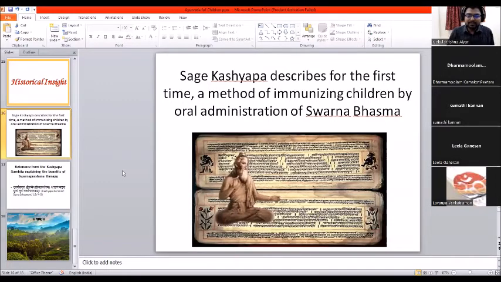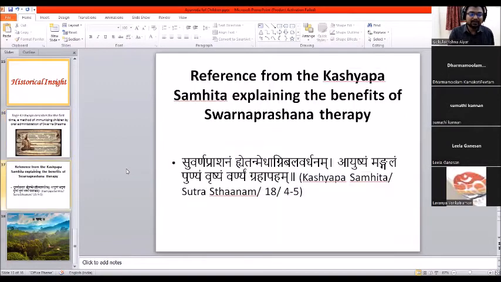And in this Kashyapa Samhita, the oral administration of Svarna Bhasma has been explained. He says, Suvarna Prashanam Hyatat Medhagni Balavardhanam Ayushyam Mangalam Punyam Vrishyam Varnyam Grahapaham. This process is known as Suvarna Prashanam; the word Suvarna means Svarna, and Prashanam means to consume orally. It increases Medha, cognitive abilities.